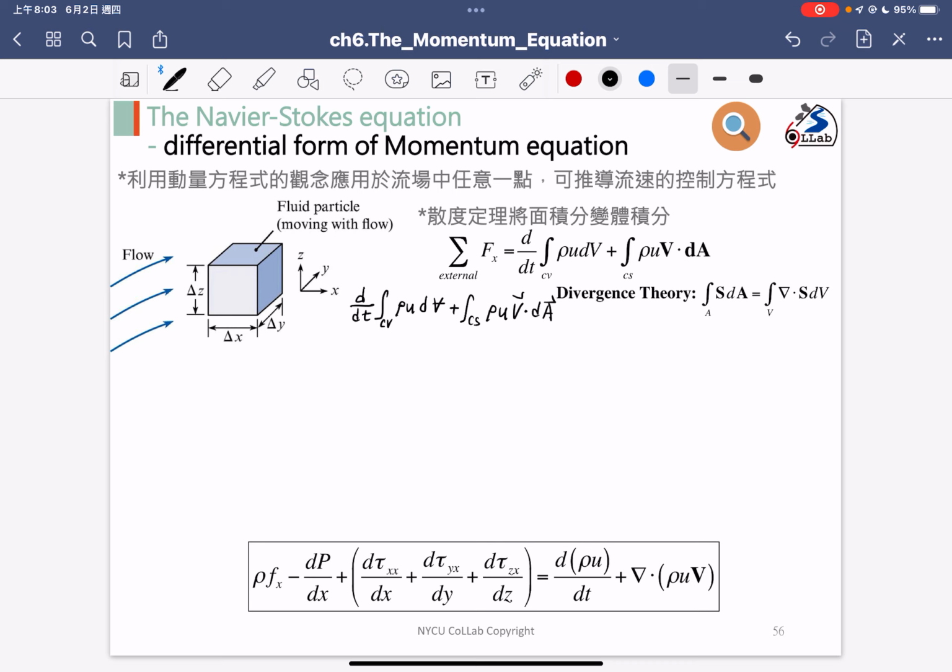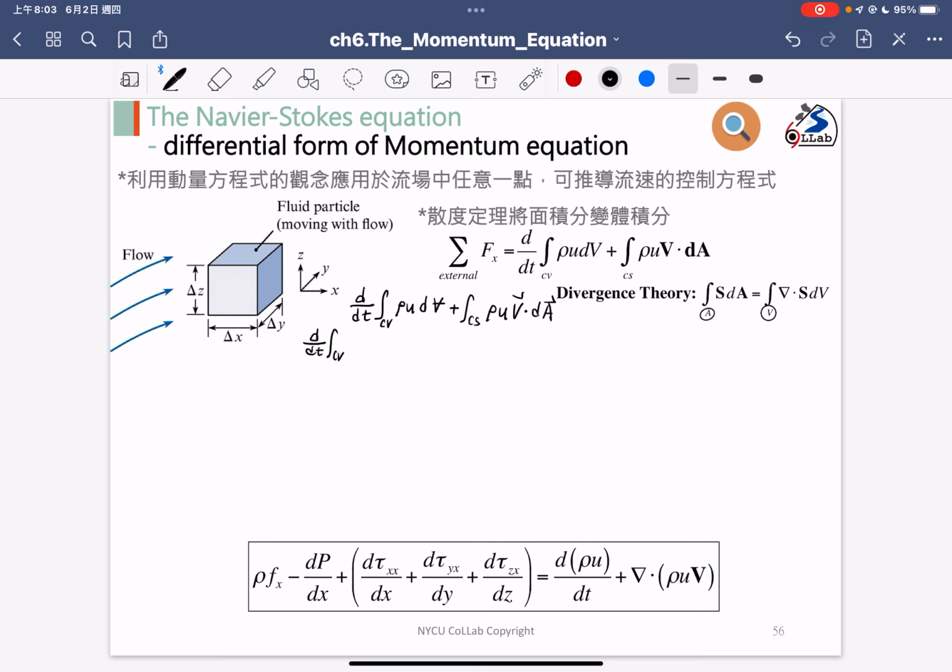So I use the divergence theorem. I would like to convert the integration along the area to be over the volume. Okay, so you can compare each other and try to apply the divergence theorem to our original formula here.